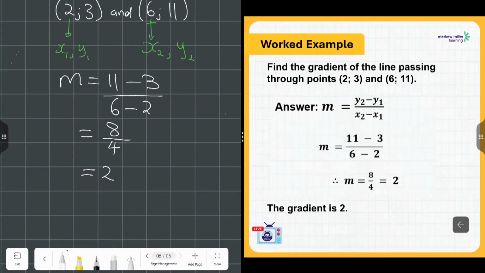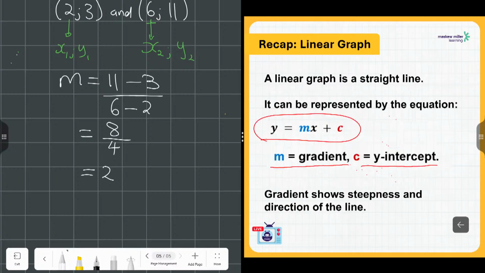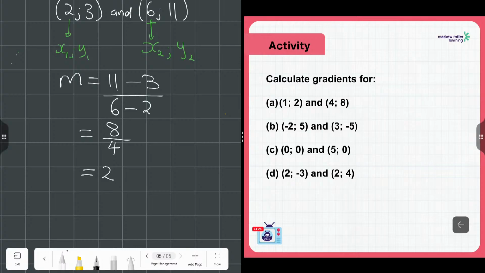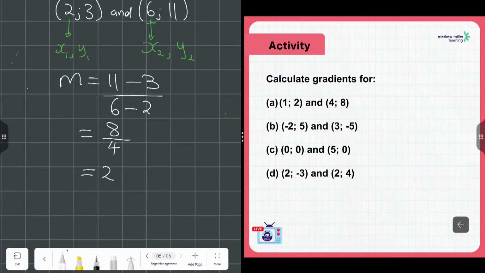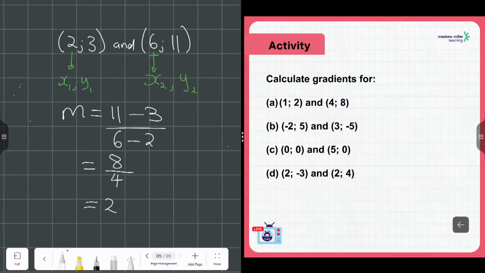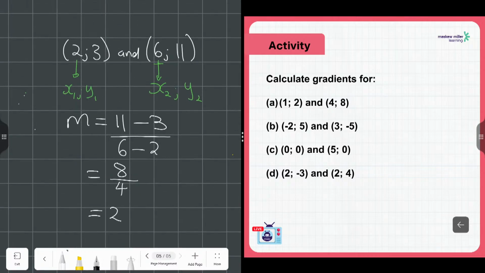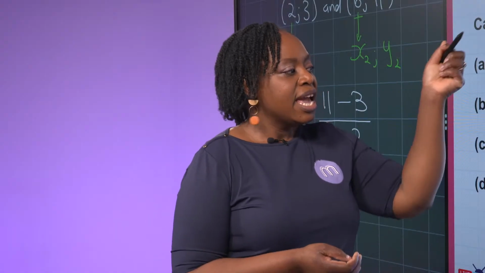So with that gradient being calculated like that, and I've showed you how you can then calculate the gradient with the points, I'm going to leave you with these examples, the activity that we have here, because I want you to try and calculate.